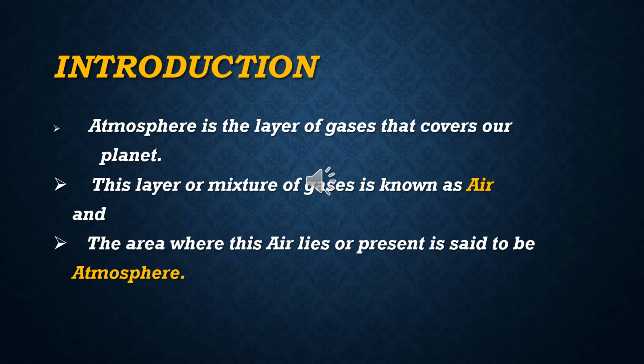This layer or mixture of gases is known as air, and the area where this air lies or is present is said to be atmosphere. Actually, around our Earth, the Earth has a layer of different gases around it, which covers the Earth, and that is called atmosphere. In this, the air also comes.